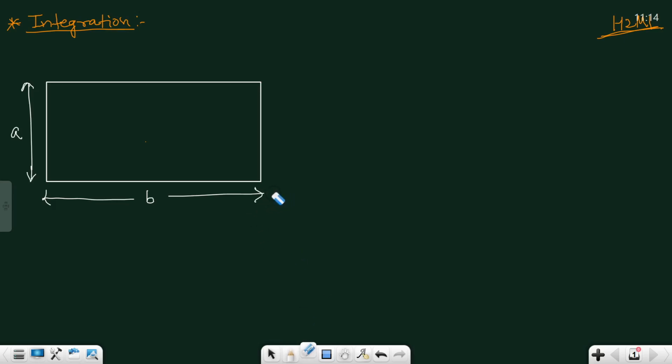The complete area, capital A, is equal to A into B. This is the area of the rectangle. Clear है कि नहीं? Yes, sir. This is the area of the rectangle, A into B.